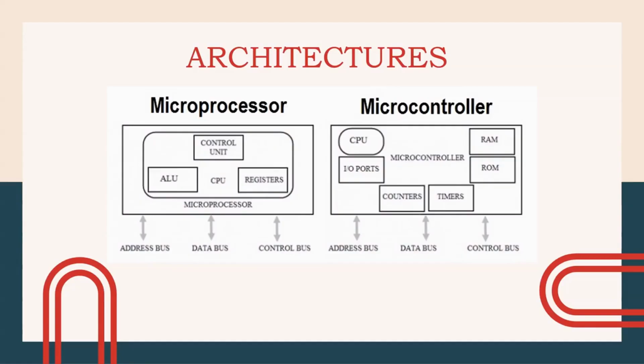And coming to the microcontroller, there are six parts: one is the CPU, second is input output ports, third is counters, fourth is timers, fifth is RAM, and sixth is ROM. It has three buses: one is the address bus, second is the data bus, and third is the control bus. These buses are bidirectional for data flow.